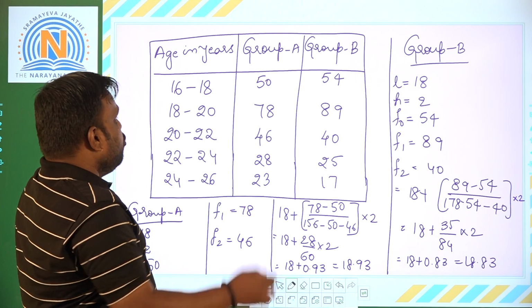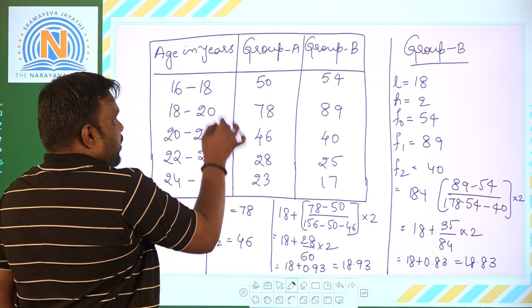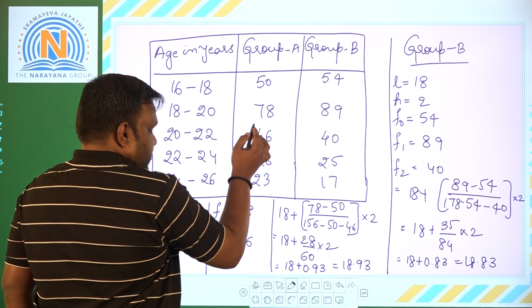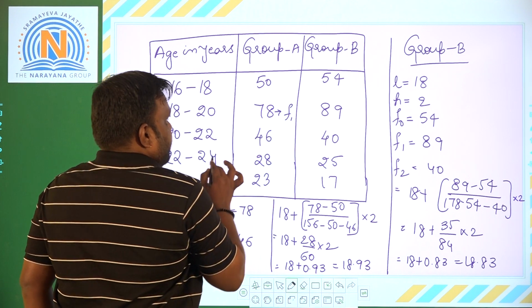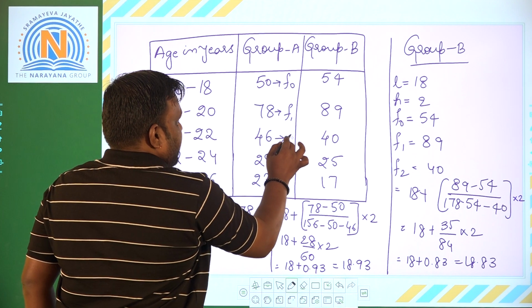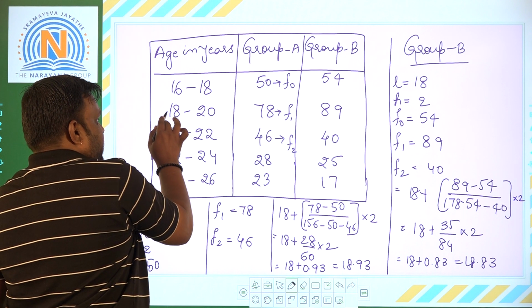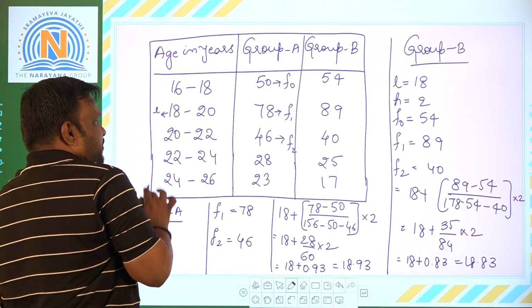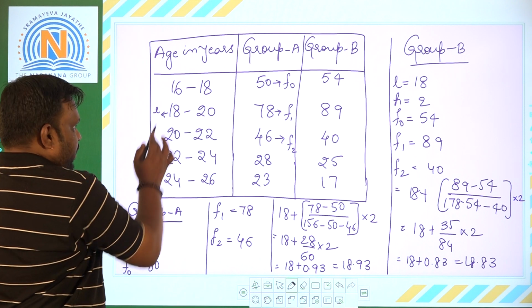Now, first let us go to the group A part. Here, if you observe, 78 is the highest frequency, which will be considered as F1. The one above will be taken as F0 and the one below will be taken as F2. This will be the modal class, and its lower limit is L. So here L is equal to 18.